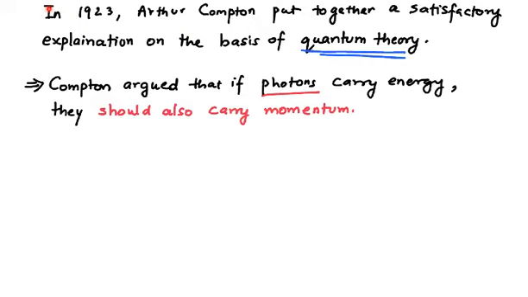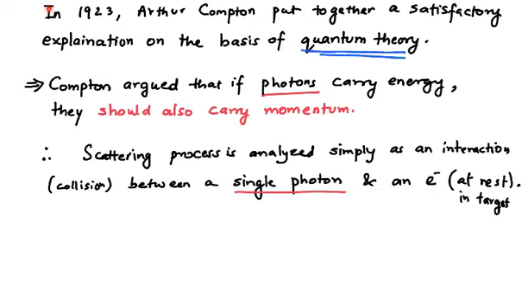Compton argued that if photons carry energy, they should also carry momentum. So the scattering process is analyzed simply as an interaction, like a collision, between a single photon and a single electron which is at rest in the target.